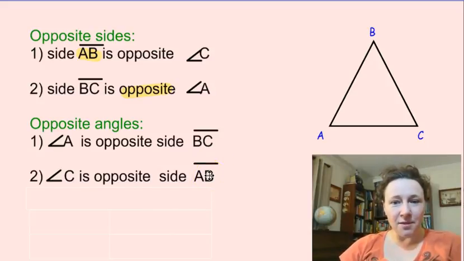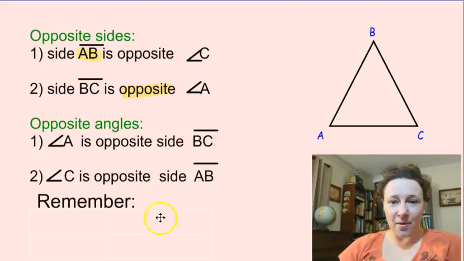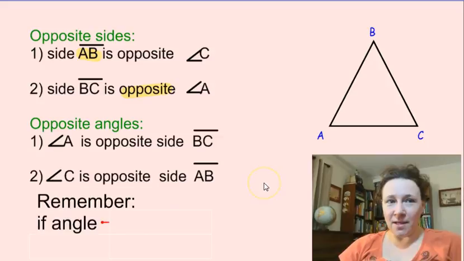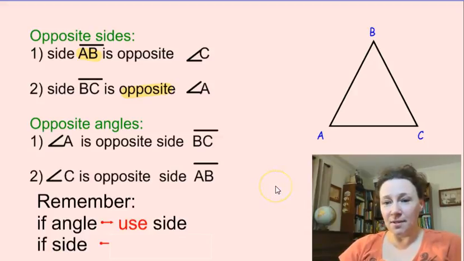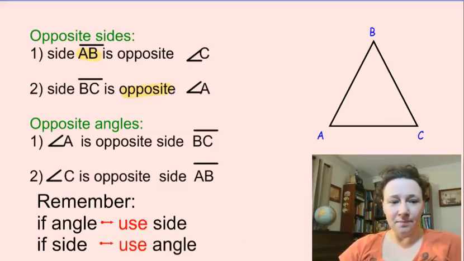So we can make a little generalization to help us in the future answer these kind of questions. Remember that when you have an angle and you're looking for an opposite element, it's going to be a side. And vice versa. If you start with a side and looking for an opposite element, that would be an angle.